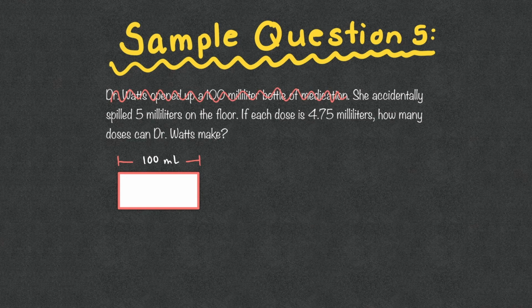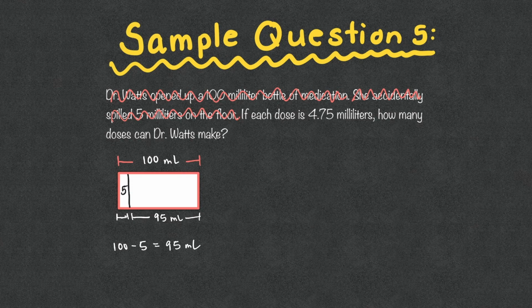She accidentally spilled 5 milliliters on the floor. Now I know that those 5 milliliters are going to come from the 100 milliliter bottle. Now, what I notice is if this is 5 that was spilled, then I must have 95 milliliters left because 100 minus 5 is equal to 95 milliliters.